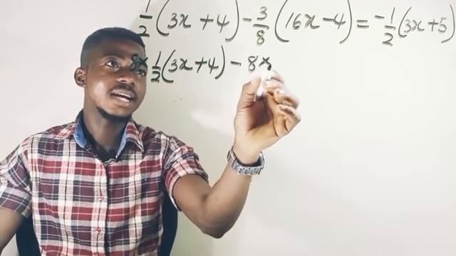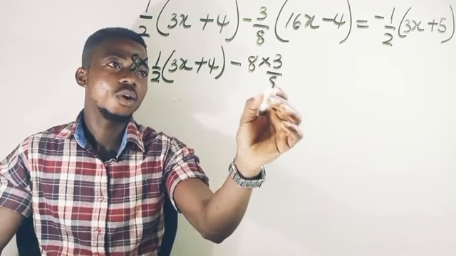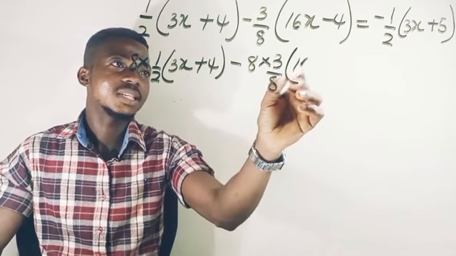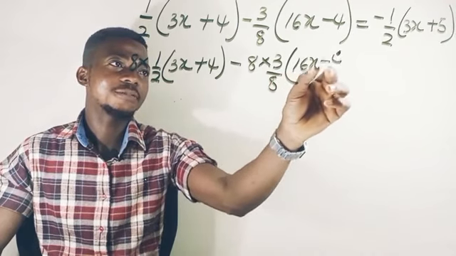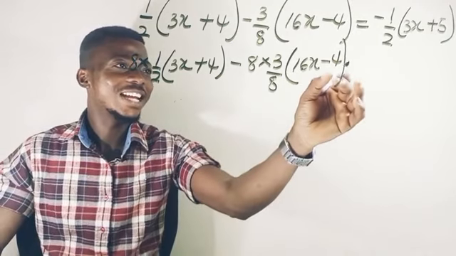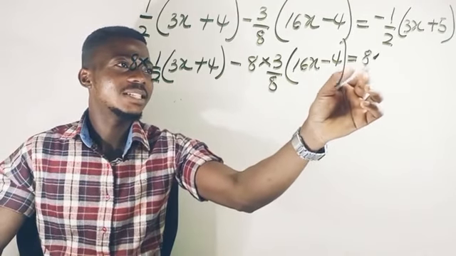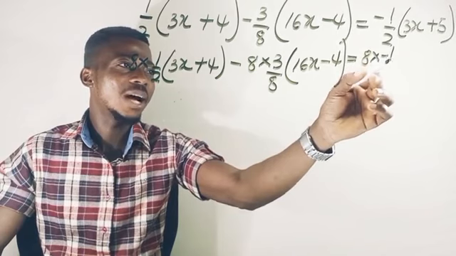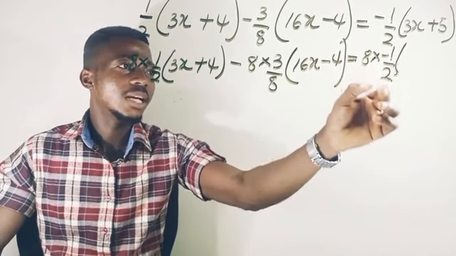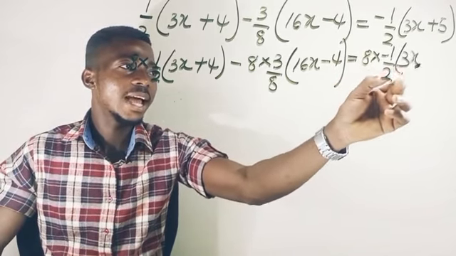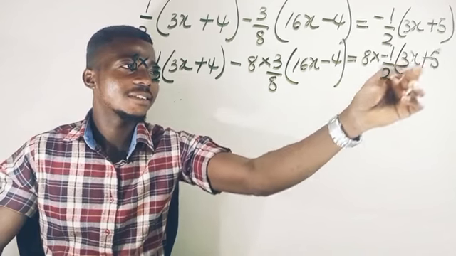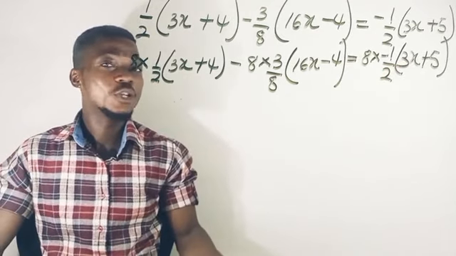Minus 8 times 3 over 8, it's going to be 16x minus 4. All right? Then here too, we have 8 times negative 1 over 2. Here will be 3x plus 5. Yeah. So we're moving forward, right?